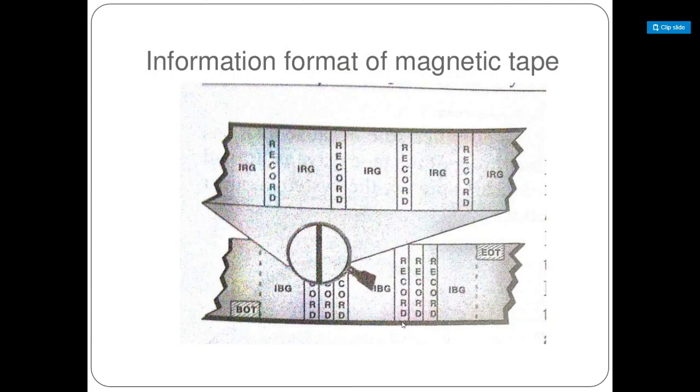But inside the record space, it is again divided by an inter-record gap, that is, in between the records there are some gaps, and that we call IRG. And in between these IRGs we have the actual information that the tape contains. So this is the information format of a magnetic tape.